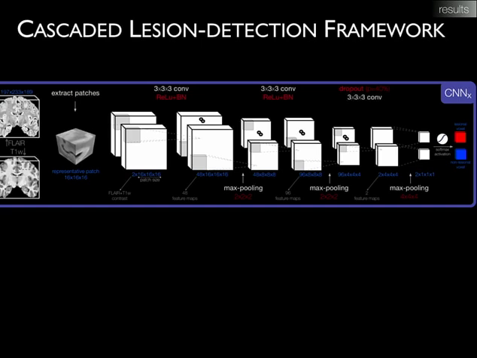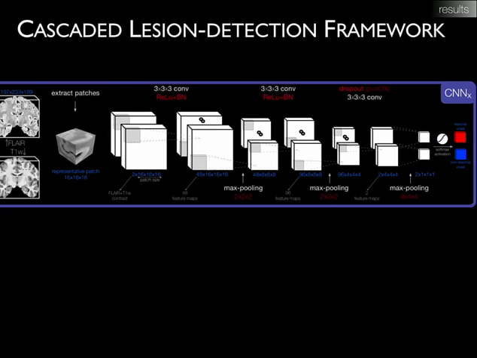So we posed the lesion detection as a classification problem, which discriminates lesional from non-lesional tissues. So here we stack the T1 and FLAIR, and then we extract patches, because 40 patients is not a very large number to train the neural network.